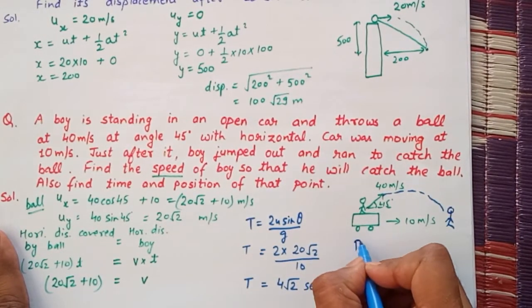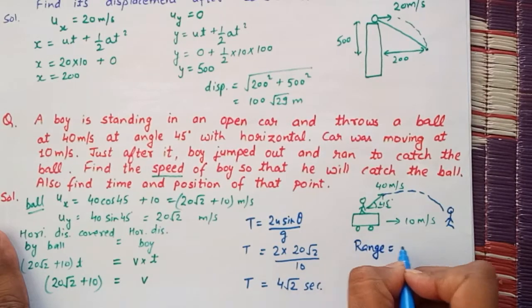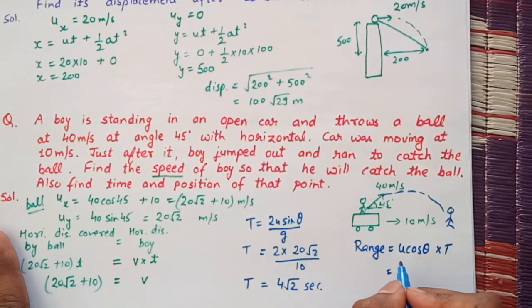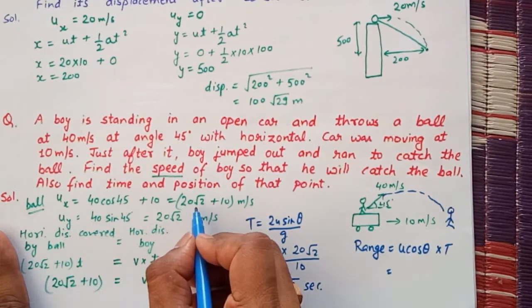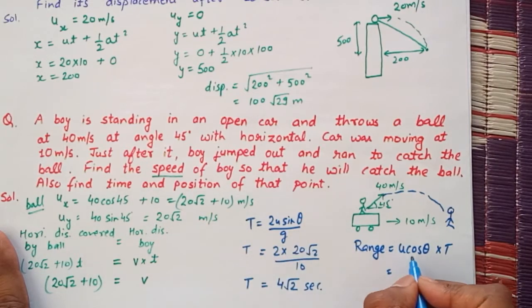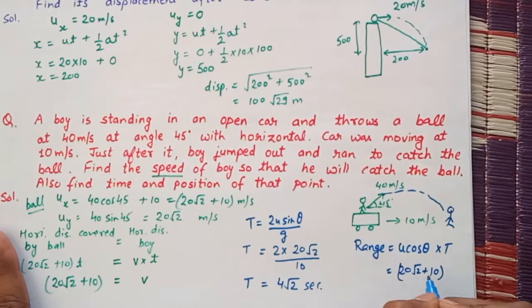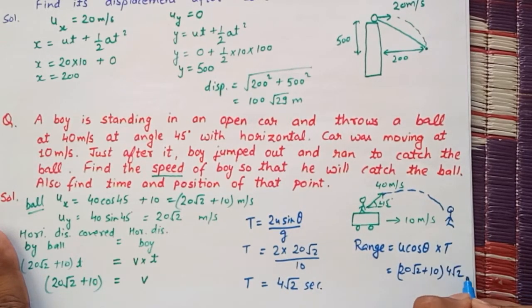Now for the range. What is range? Range is u cos theta multiplied by time of flight. What will be u cos theta? I can say ux was 20 root 2 plus 10. So 20 root 2 plus 10 multiplied by time 4 root 2 will be 160 plus 40 root 2 meter.